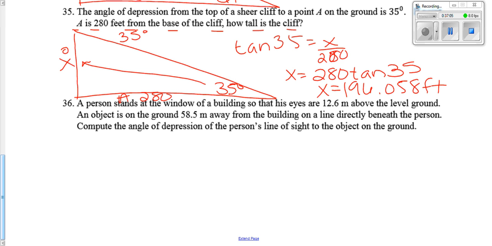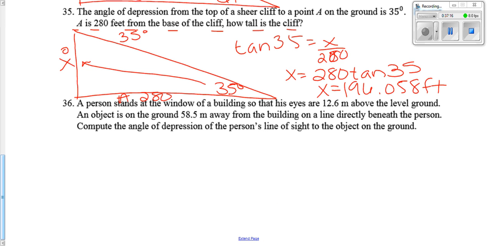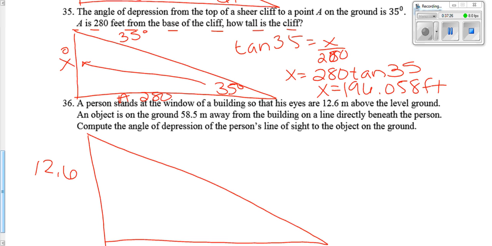36. A person stands at a window of a building so that his eyes are 112.6 meters above the ground level. An object is on the ground 58.5 meters away from the building. What's the angle of depression? Angle of depression is the same thing as the angle of elevation.